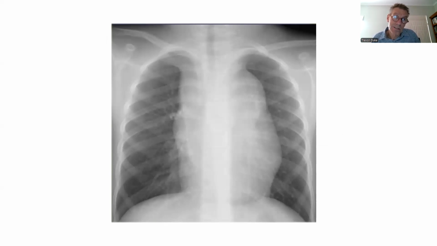He'd had persistent wheeze, and then he became so short of breath that he couldn't really lie flat without getting very short of breath. And then an X-ray was done, and this is what it showed. And you can see how enlarged his mediastinum is, and how big the tumor mass is, obstructing his airway, causing wheeze.